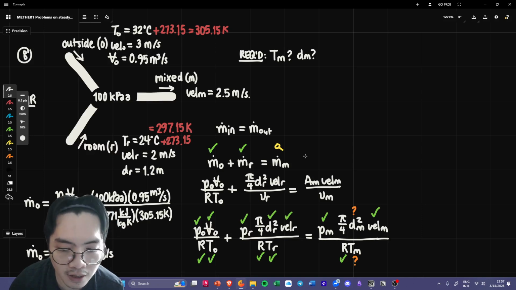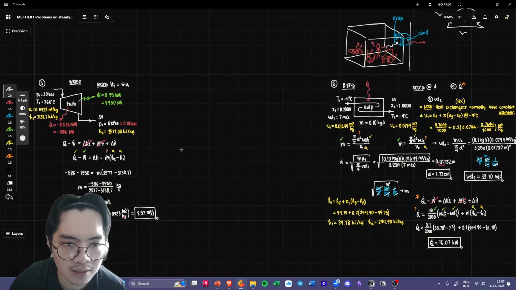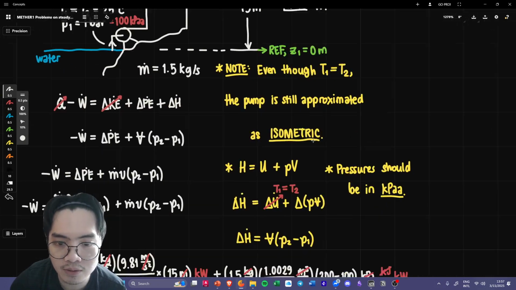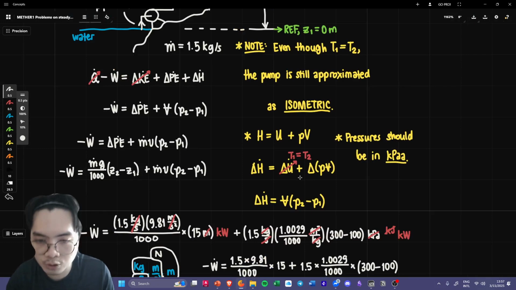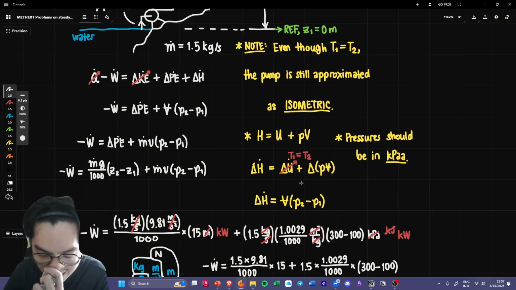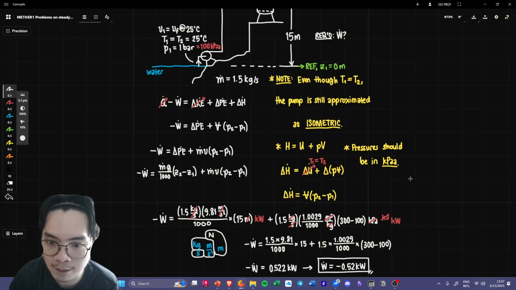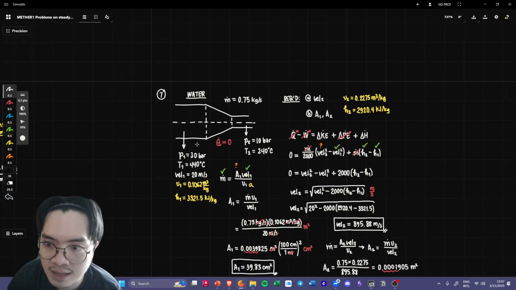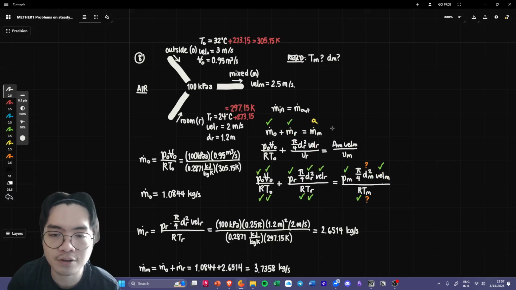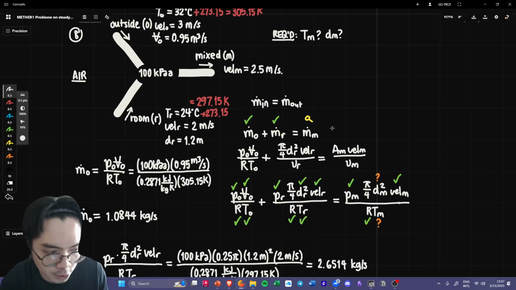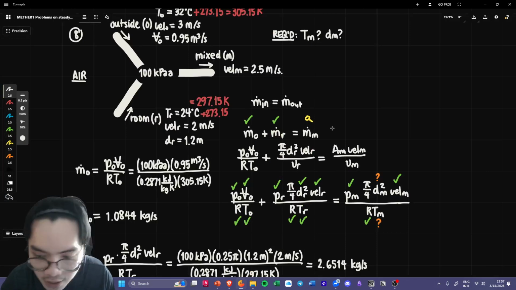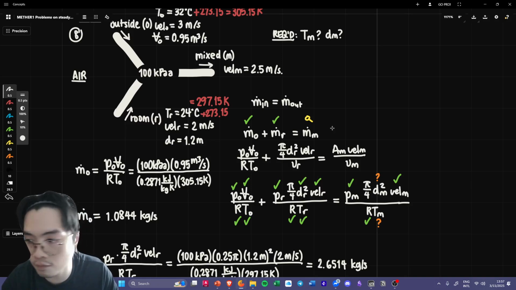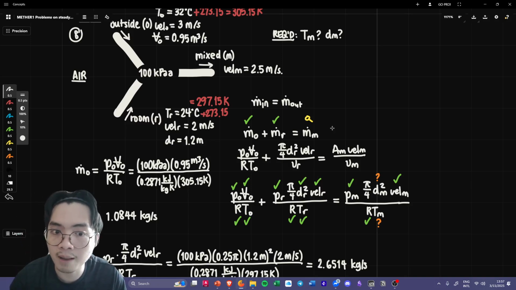However, when we're talking about temperature, we are also indirectly talking about energy, right? Earlier, that was the pump example. We were saying that because your temperatures are the same, there's no change in internal energy. That means the temperature measurement that you have is indicative of your amount of energy.